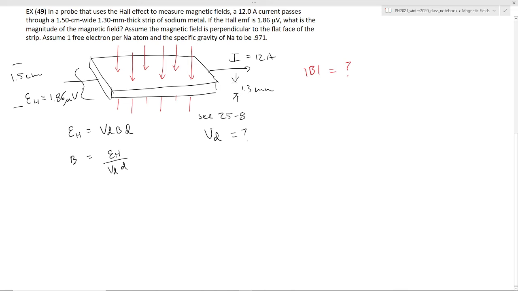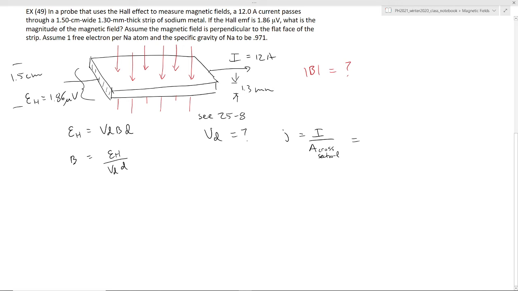We can relate the drift velocity to the current density. Remember, J, the current density, is the current per cross-sectional area. You can imagine this area of our strip is the cross-sectional area.